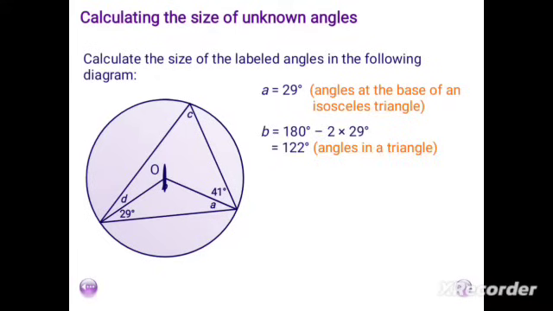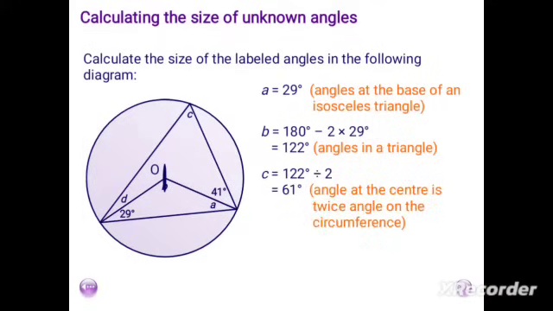So let's find B. Because they are in the same triangle, we can apply the property of angles in the same triangle add up to 180 degrees. So that can give us 180 degrees minus 58 to get 122 degrees.